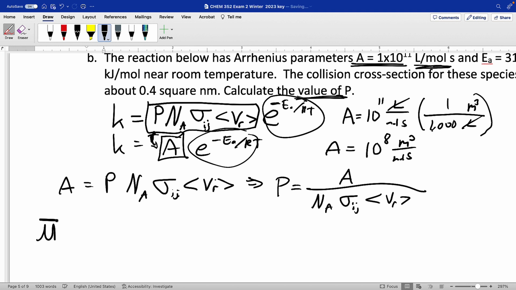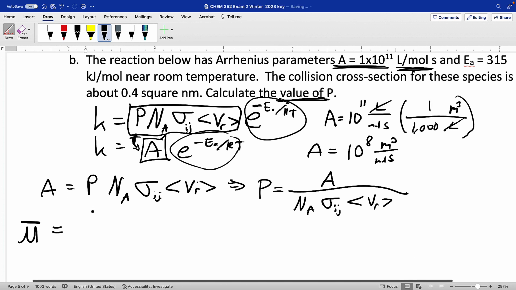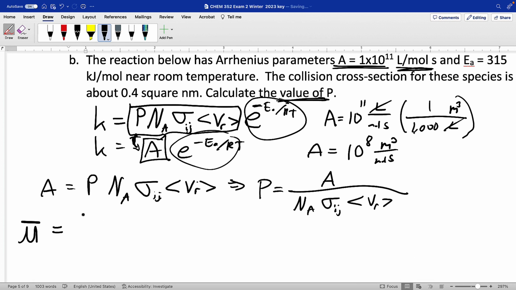So the reduced molar mass is going to be, let's see, I've forgotten what our molecules are. So our molecules are nitrogen and oxygen atom. I'll just put it in grams first and then we'll convert it. So we've got nitrogen, which is 28 grams per mole, and we've got our oxygen atom, so it's only 16 grams per mole. And then on the bottom we've got 28 grams per mole added to 16 grams per mole.